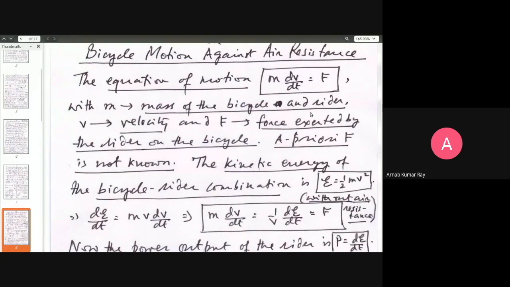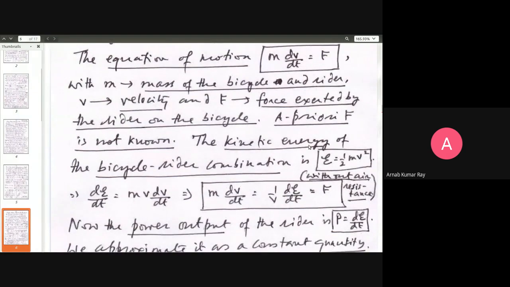But this force is being imparted by the bicycle rider, and m is the mass of the bicycle and the rider together. This force is not known, so we have to go about a roundabout way to set this up in terms of a few other things.